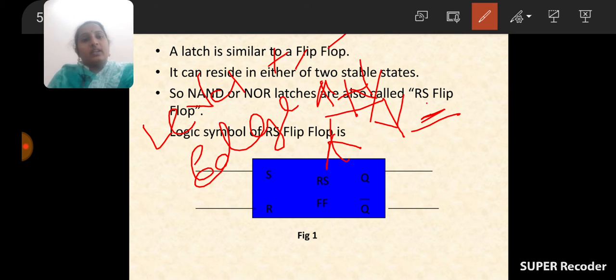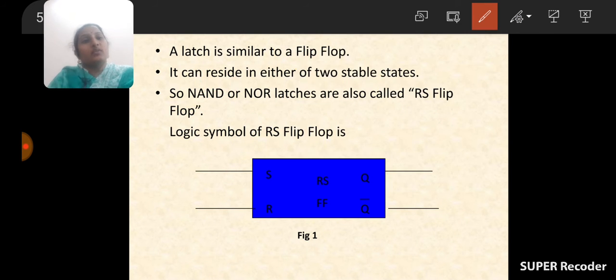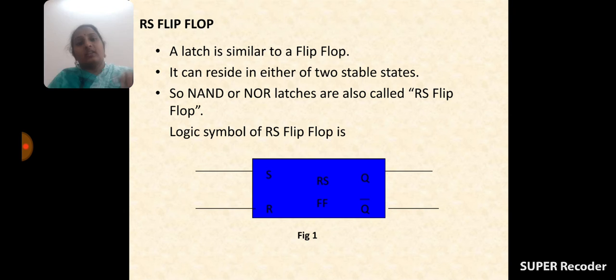Coming to edge triggering, if the output is changed at the rising edge, the triggering is called positive or rising edge triggering, also positive going clocking. If the output is changed across the negative edge, it is called negative edge triggering. So these topics we already discussed in our last class.